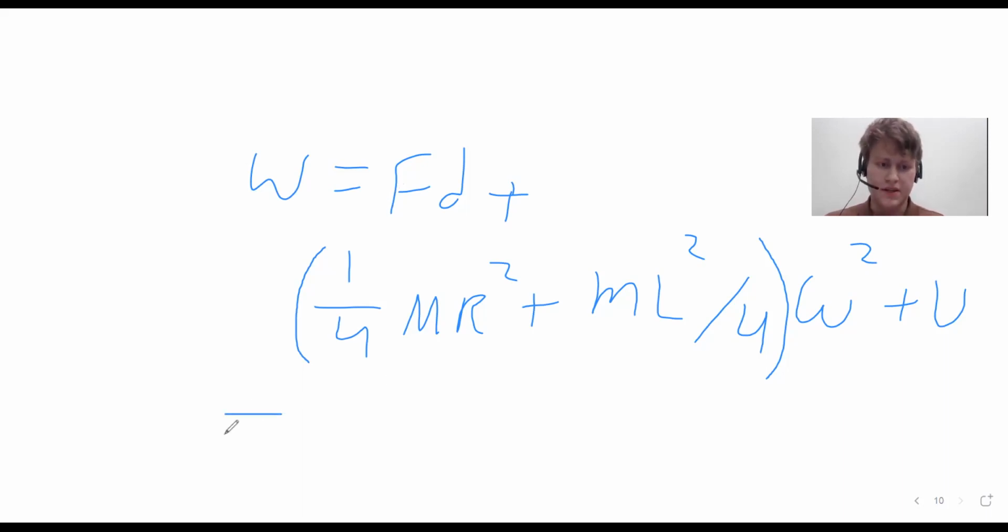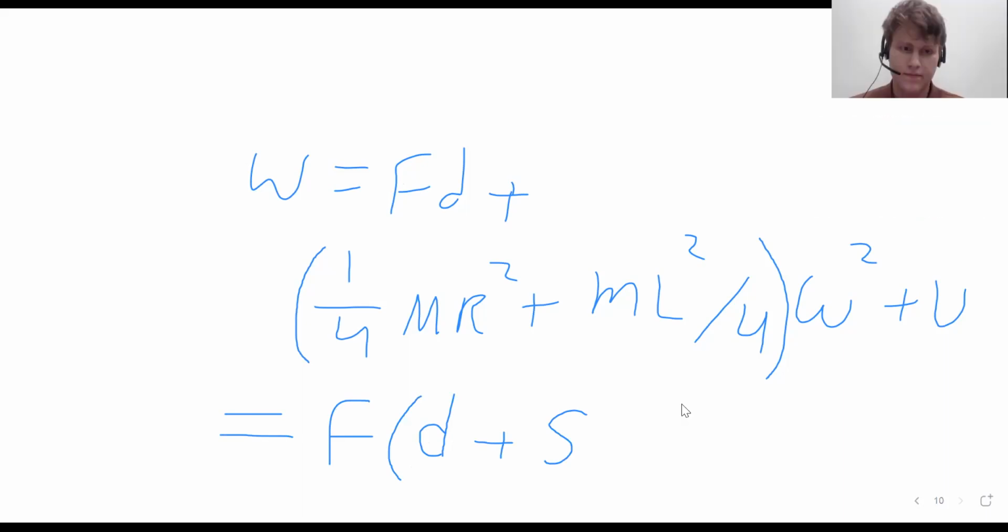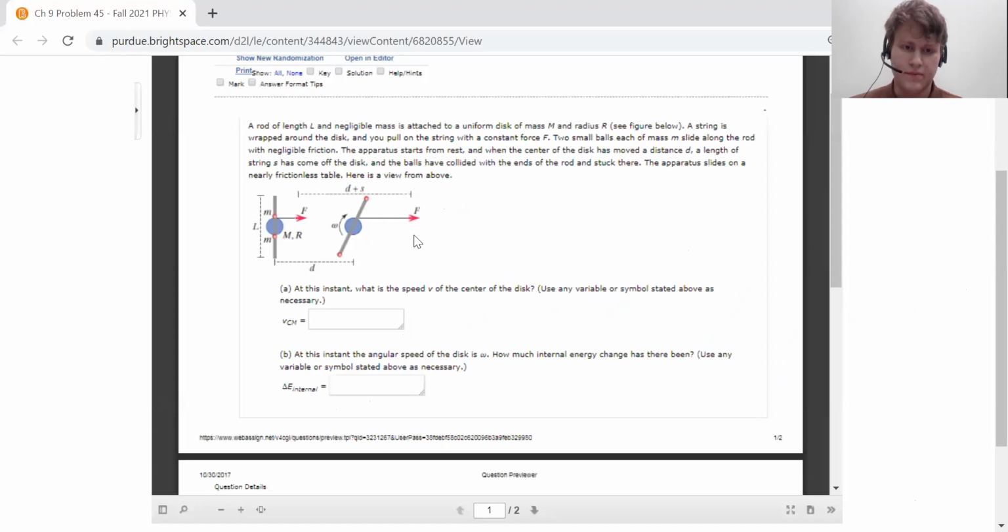And so this is then F, that's our total force, times D plus S. I can pull up the diagram again here if that would be helpful for all of you. Here we go.